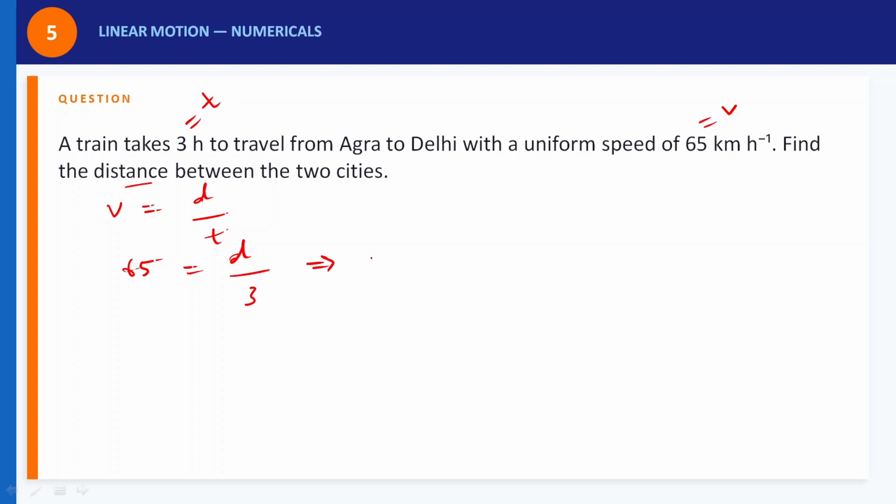That implies distance equal to 65 into 3. You will get 195. Distance equal to 195 kilometer.